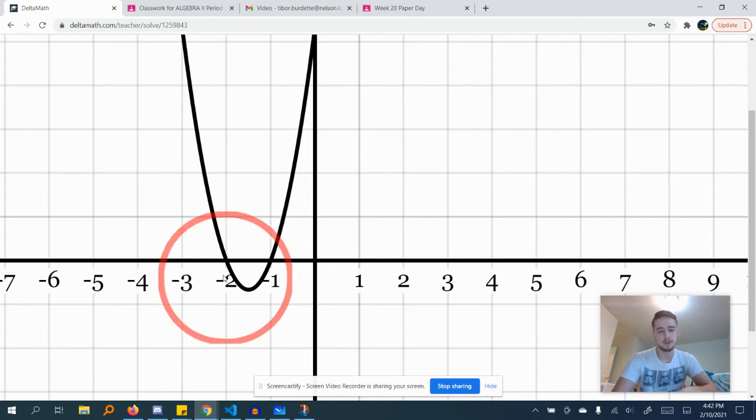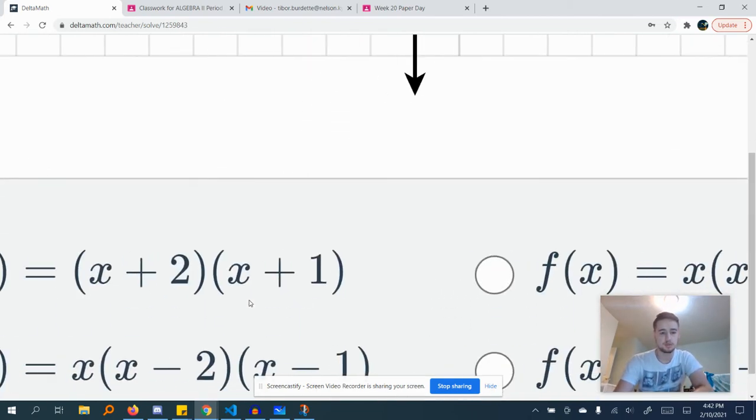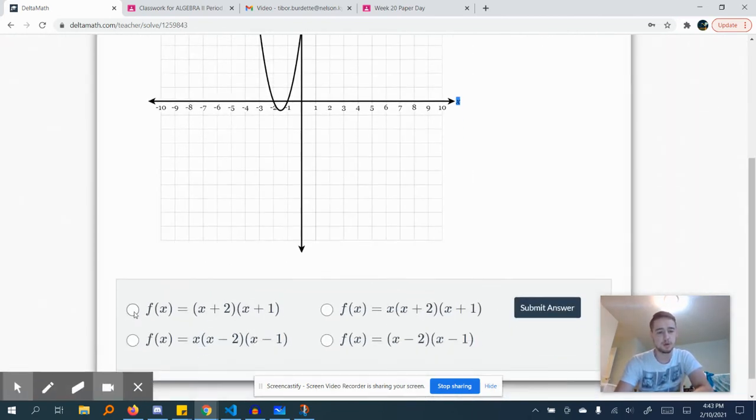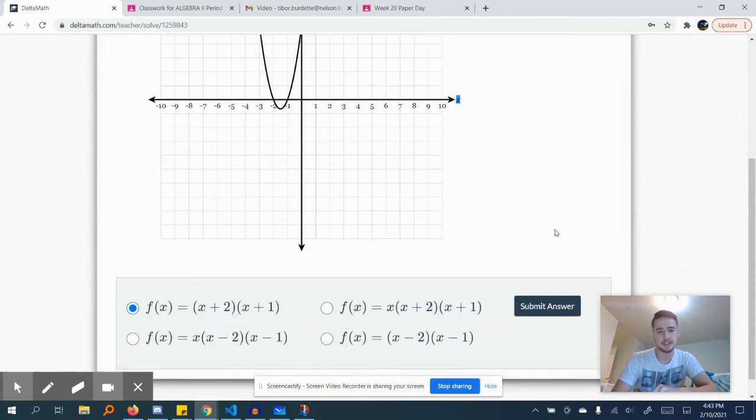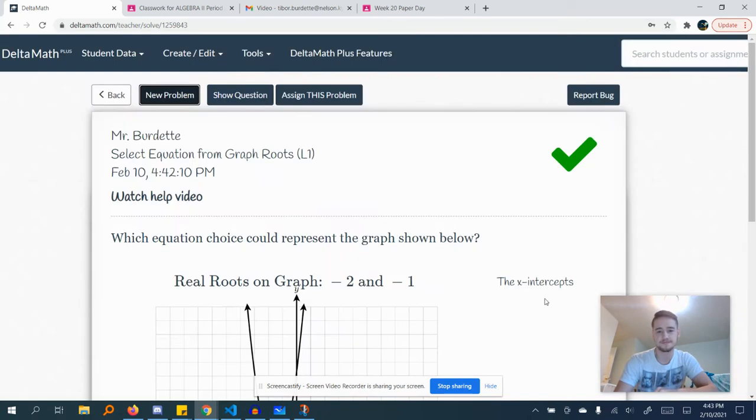Similarly, we have a root at x equals -2, because x plus 2 must be 0 when x equals -2. So we want x plus 1 and x plus 2 to be the factors that go into this expression. That will show us how to get this lovely graph.